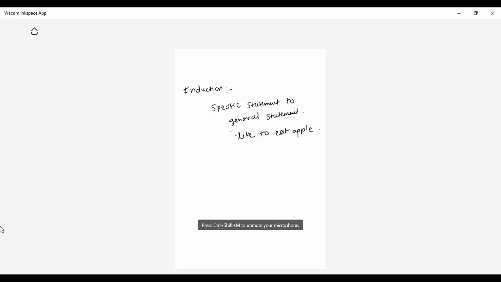And then I will say that everyone in the world likes to eat apple. So from a specific statement, I'm moving to a generalized statement. This traveling from specific statement to general statement, we are calling it induction, student.